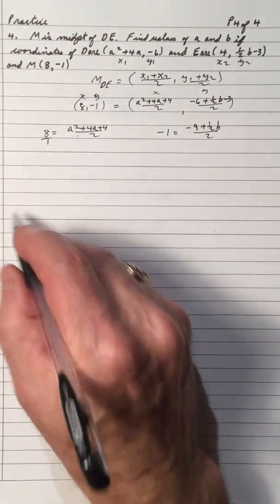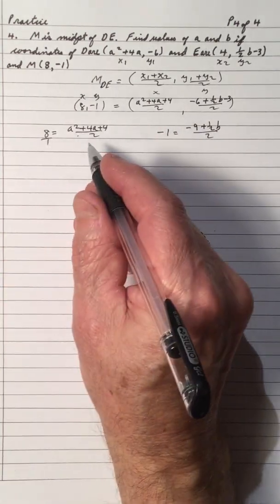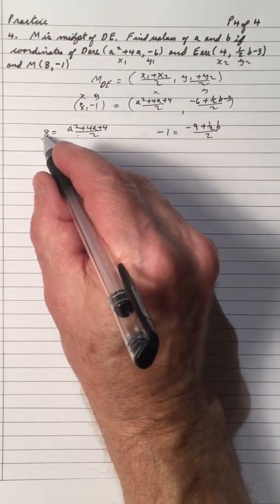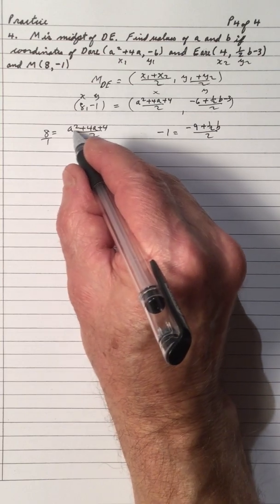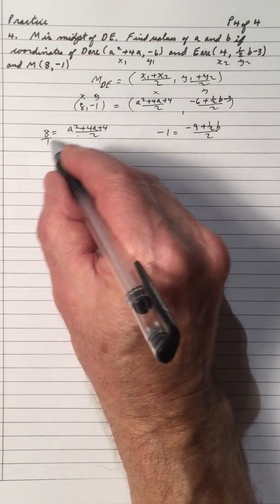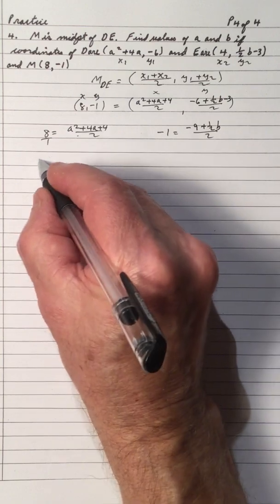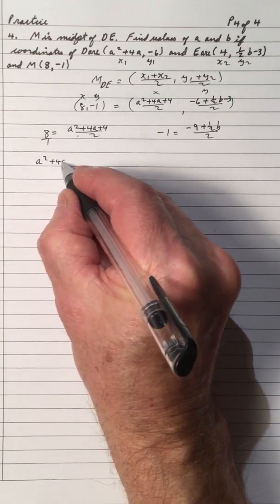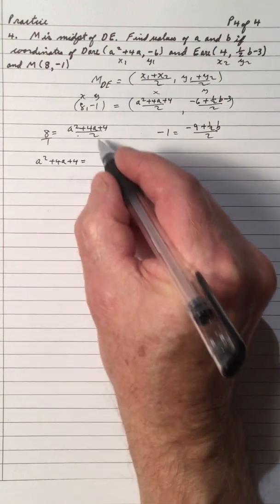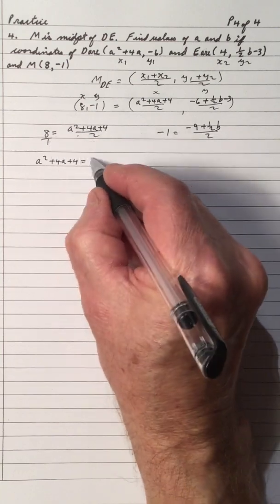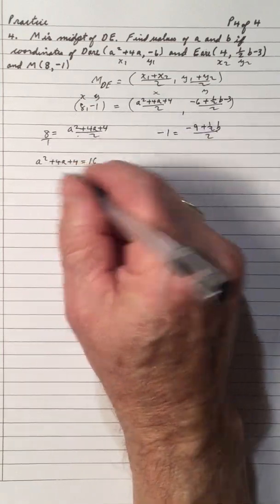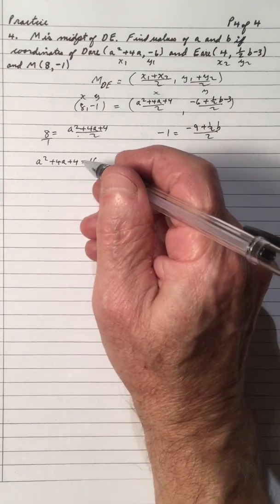So we put it over 1, and we have two fractions equal, so we cross multiply. Now I can go 8 times 2 equals a squared plus 4a, or I can multiply the 1 times the a squared plus 4a. I can multiply this one, equals 16. The reason I did that is to keep the variables on the left side.